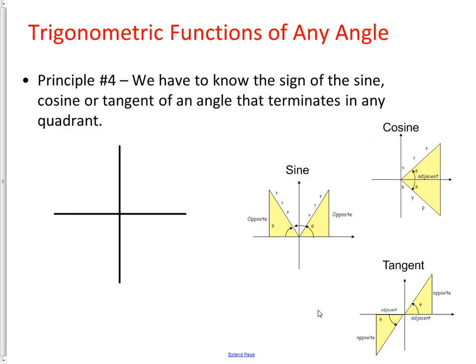So consider sine. Sine is positive for angles that terminate either in the first quadrant or in the second quadrant. If you have an angle that terminates somewhere in the first quadrant, no problem, right? Because if theta is in the first quadrant, sine, cosine, and tangent are all positive.